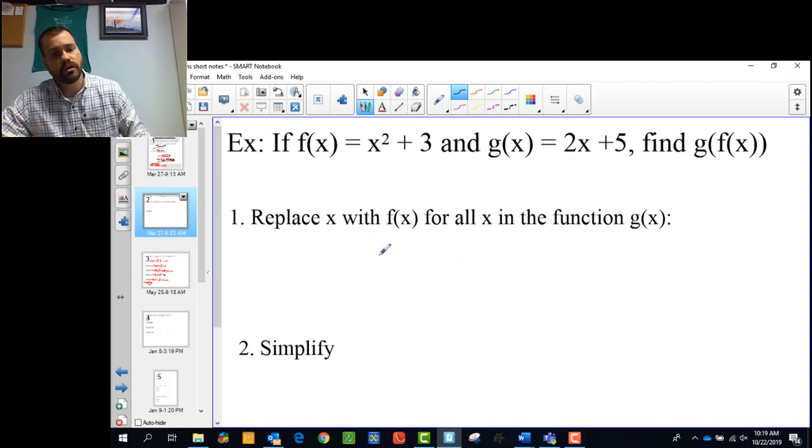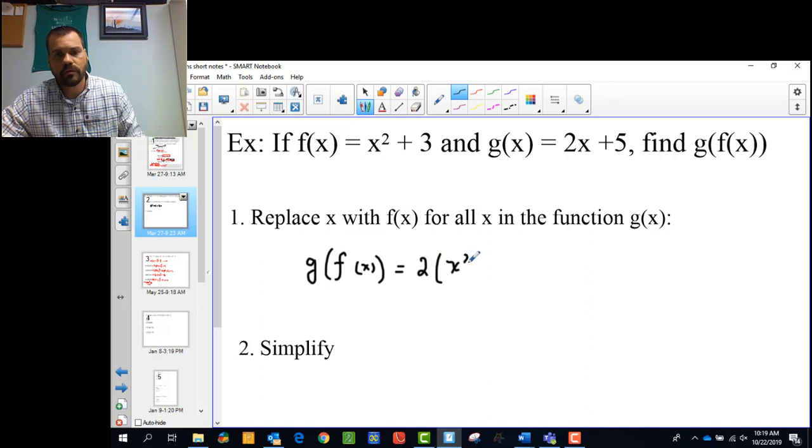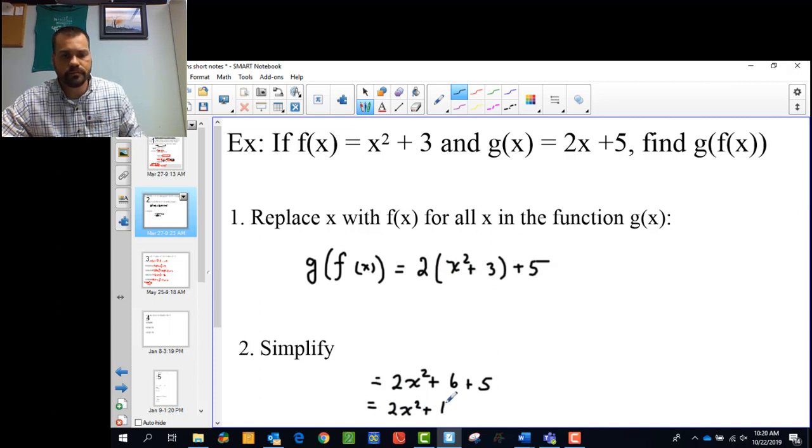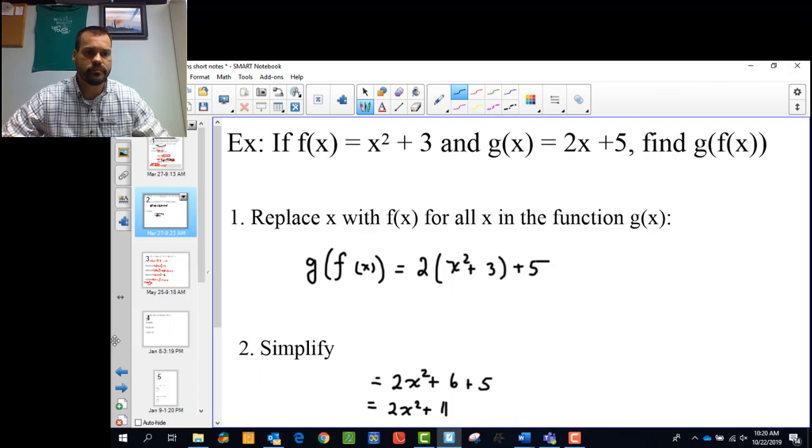So g of f of x is 2 times, and then instead of x, we're going to put this x squared plus 3, and then plus 5. Then you simplify: 2x squared plus 6 plus 5. You multiply the 2 into the x squared and 2 times 3, and that gives you 2x squared plus 11. Okay, that's the idea.